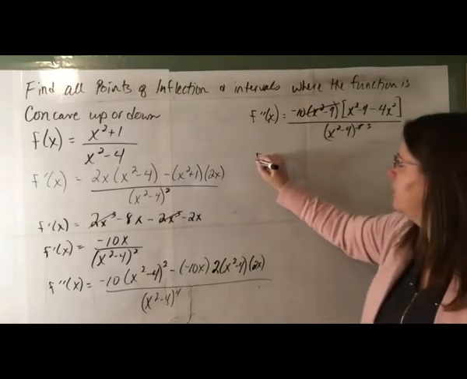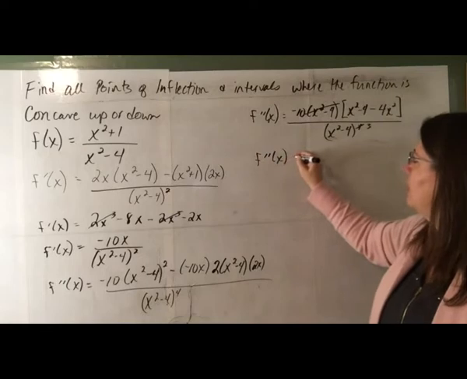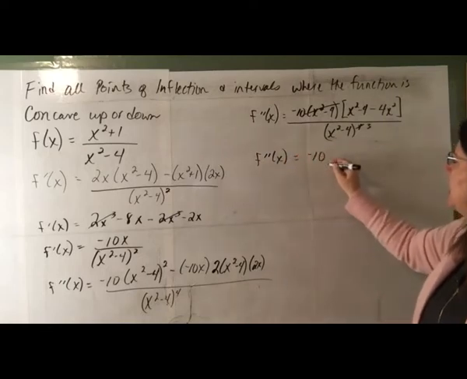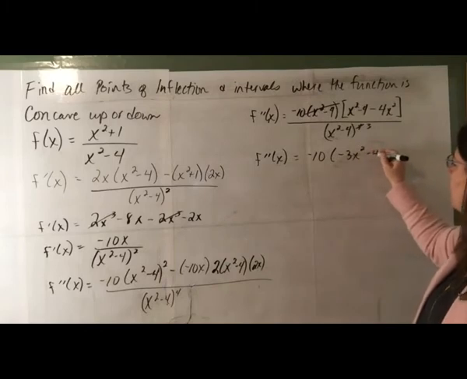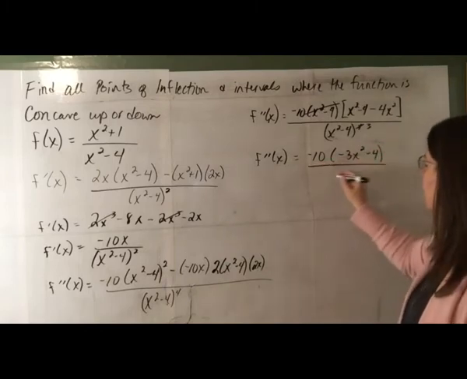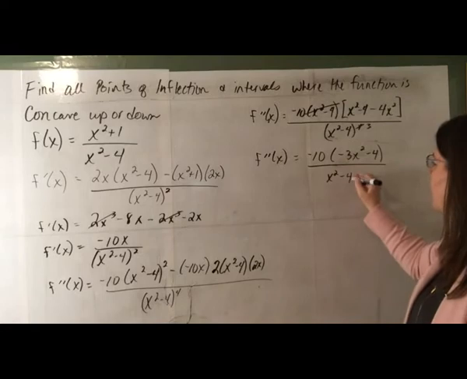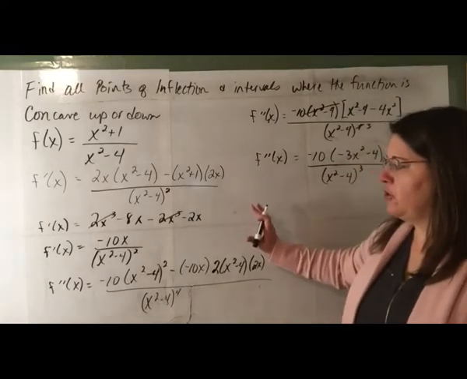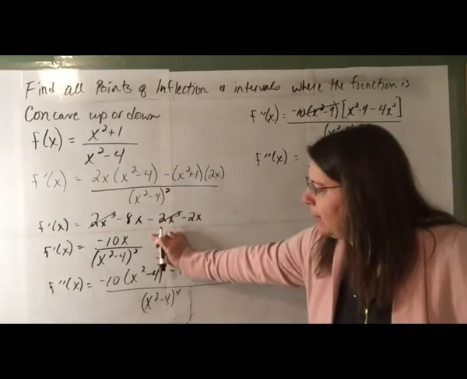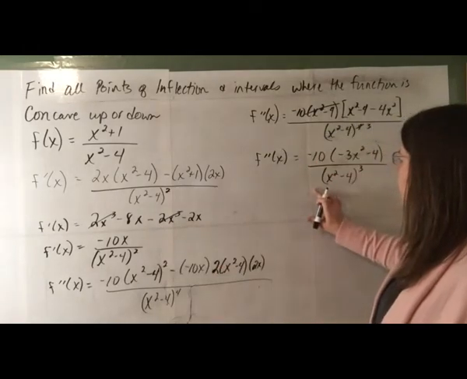So I have f double prime of x equals negative 10 times negative 3x squared minus 4 all over x squared minus 4 cubed. Okay, so I'm going to take this information. Here is my f prime, here is my f double prime.